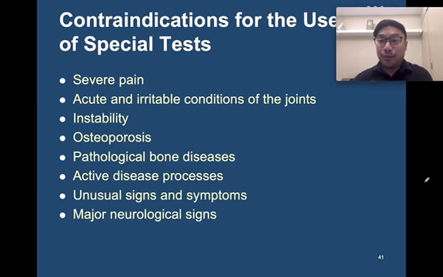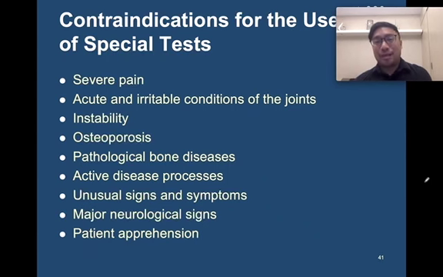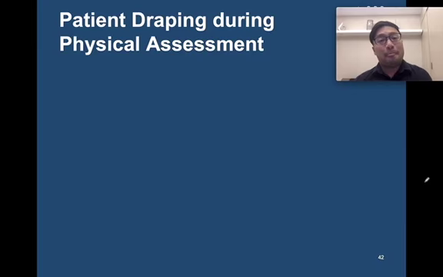And since we're also dealing with some neurologic signs, major neurologic signs might be contraindicated for a specific patient doing special tests. And lastly, of course, personality is very important, right? So patient apprehension must be also considered.